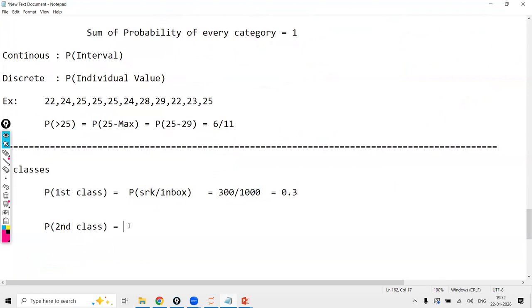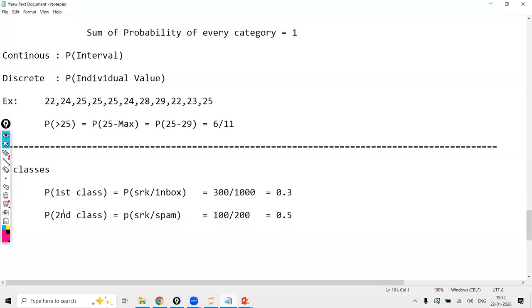Similarly, what is the probability of SRK within the spam? As we have seen earlier in the example, 100 out of 200, which is 0.5. Now, Bayes has told us to calculate the probability for each class individually and separately.